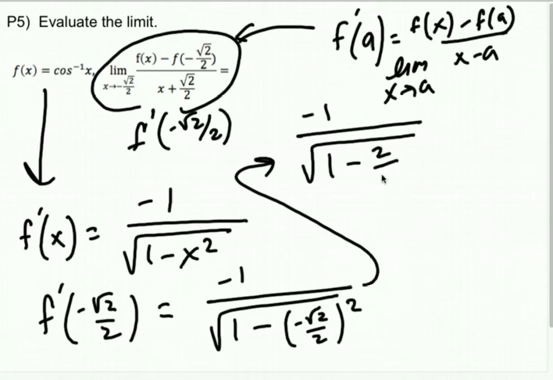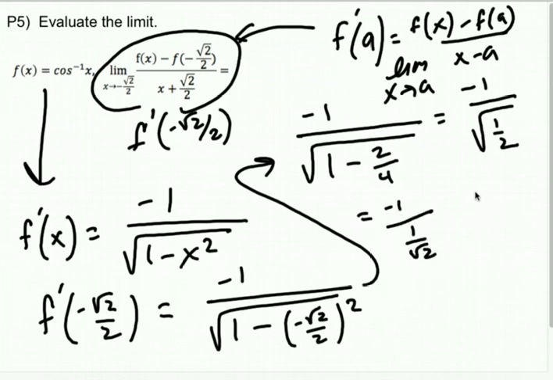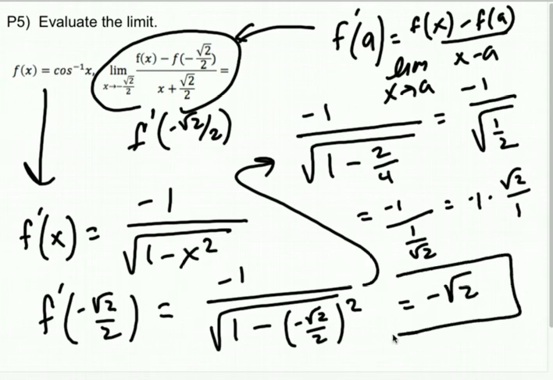When you square the 2 on the bottom, you get 4. So I'm going to end up with negative 1 over the square root of 1/2. They're probably not going to leave it like that either. So it's negative 1 on top of 1 over root 2, because it would be root 1 over root 2, which is the same as negative 1 times root 2 over 1, which means you end up with an answer of negative root 2. And that's the gist of it.